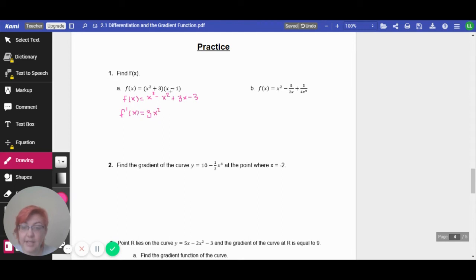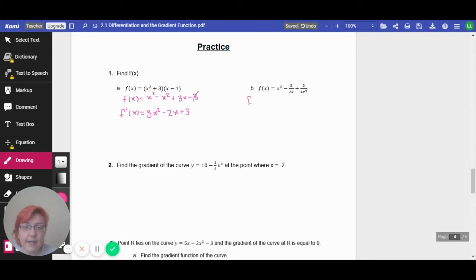Next, n is 2, a is negative 1, 2 times negative 1 is negative 2, x to the 2 minus 1 is 1, so I'm not going to write it. Next, n is 1, a is 3, 1 times 3 is 3, x to the 1 minus 1 is x to the 0, which is 1. And then a constant will become 0, so goodbye. And there's our gradient function. Let's go to part B.